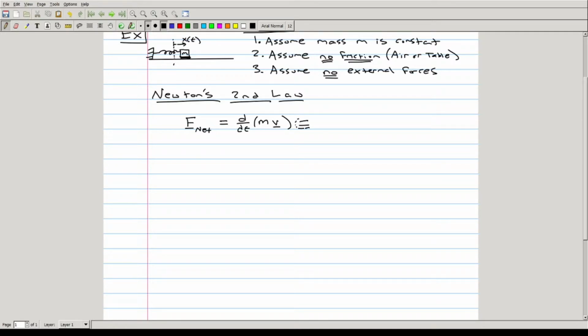And this is where our first assumption comes into play here. We're assuming the mass is constant. So if the mass is constant, this is just going to be m times dv/dt.